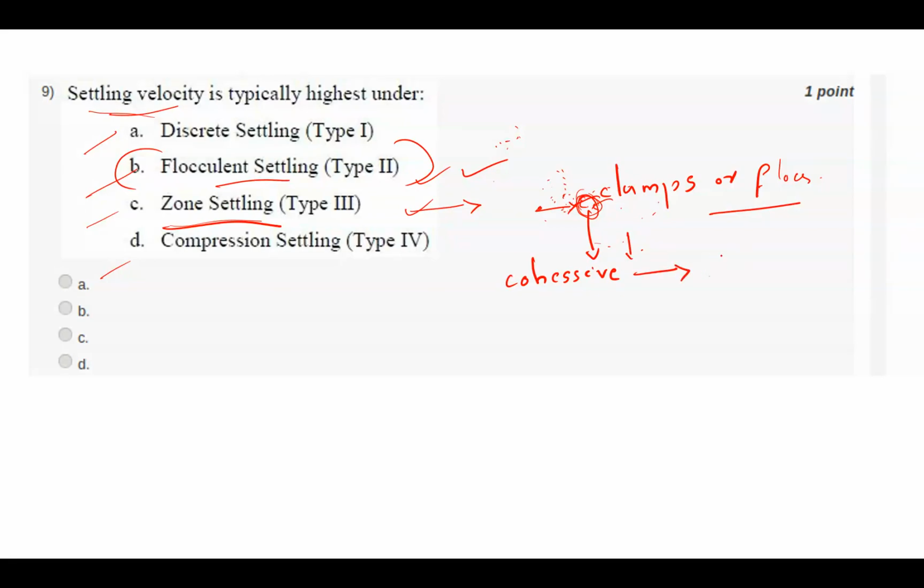Cohesive force is the attractive force between the same type of molecules. Here the particles have more cohesion, meaning they are more attracted towards each other, and because of this force the settling velocity is reduced. That's what I have understood.